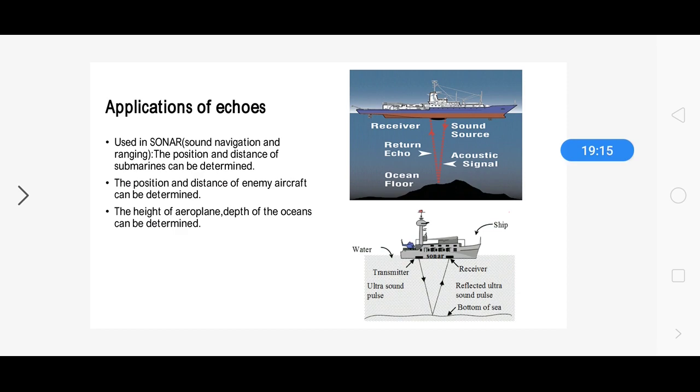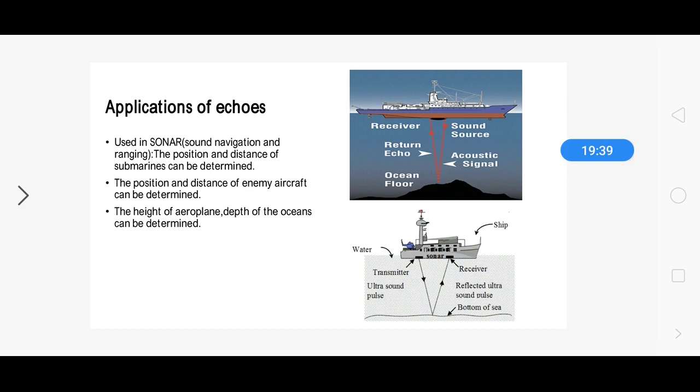With this method we can calculate the distance of the submarine from the ground, in which direction it is moving, and its actual position, or we can estimate any moving objects in the sea.